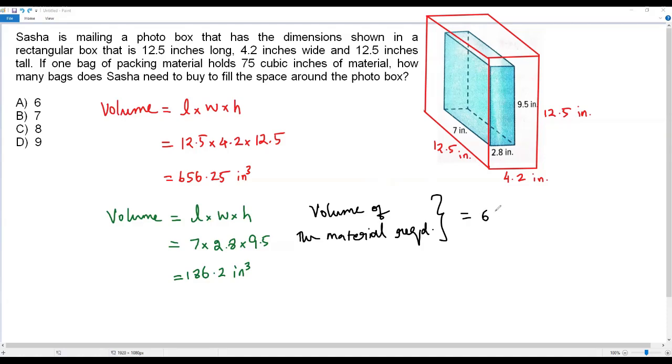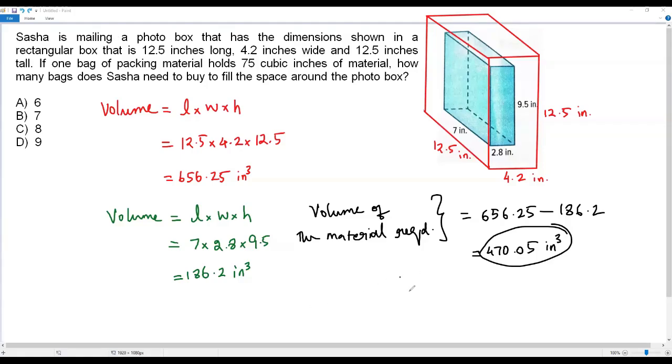So 656.25 cubic inches minus 186.2. Let me do this subtraction. I am getting 470.05 cubic inches. This is the volume of material I need to fill the space between the photo box and the rectangular box.